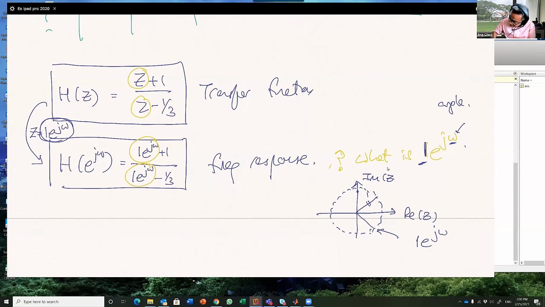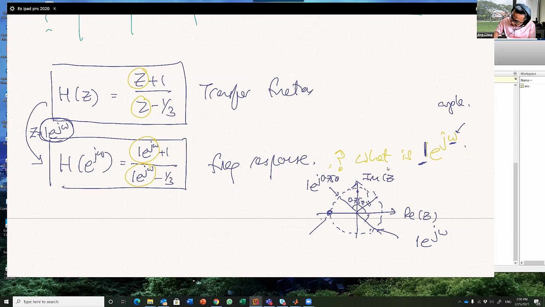So this depends on whatever ω it is. For example, let's say this is π over 2, maybe this is 0.75π. So this is e^j0.75π.